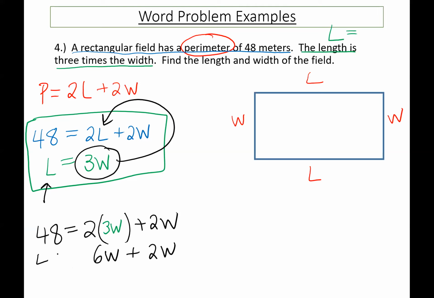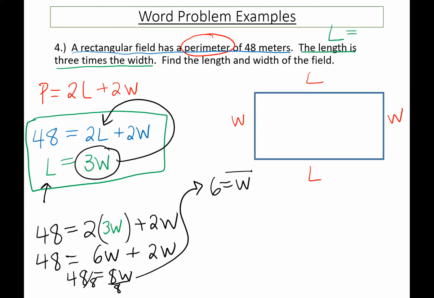So now we have 48 equals 6W plus 2W. Just combine those together. 6 plus 2 is 8, so 48 equals 8W. Just divide both sides by 8. I'm almost out of space. It's not letting me do it. All right, and then 48 divided by 8 is 6. So we're getting 6 equals W, or W equals 6. That's our answer for the width.